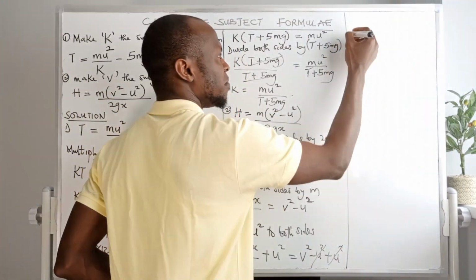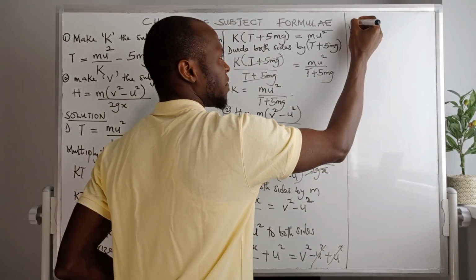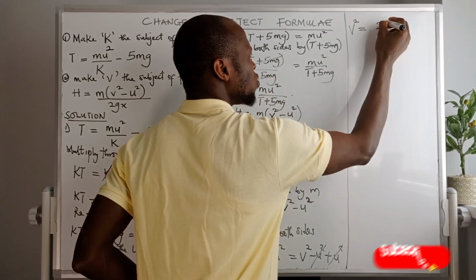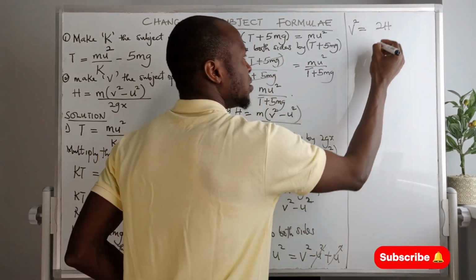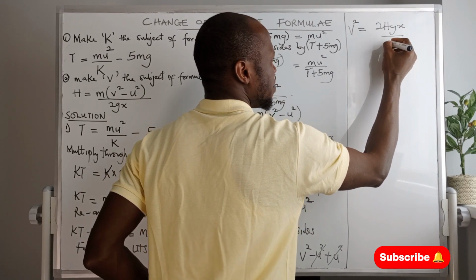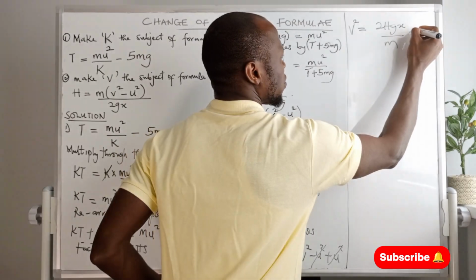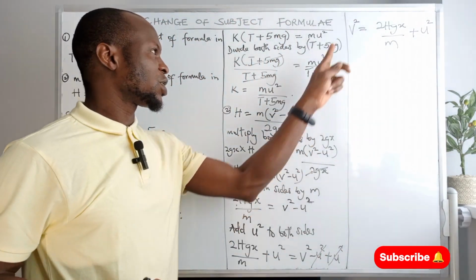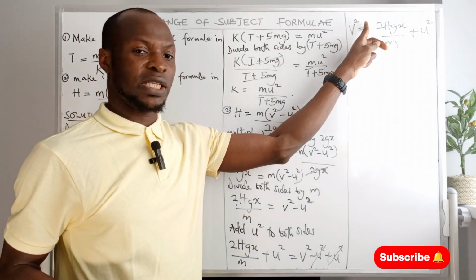If I rearrange the equation, I have my phi squared equals 2hgx divided by m plus u squared.